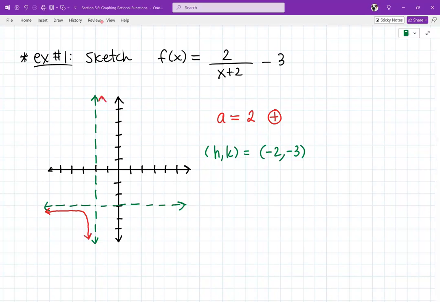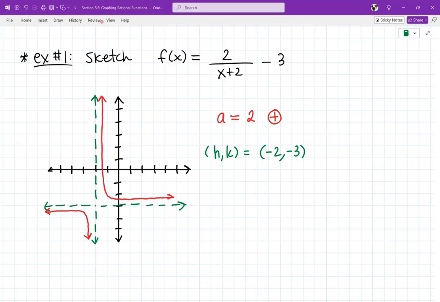And I'm done. I just did this problem. Notice, did I actually do any math calculations? No. I just need to find a couple pieces, A and HK. Then from there, I draw, and I'm good. Okay, these are very simple. They don't look like it. They look very intimidating, but they're very simple.